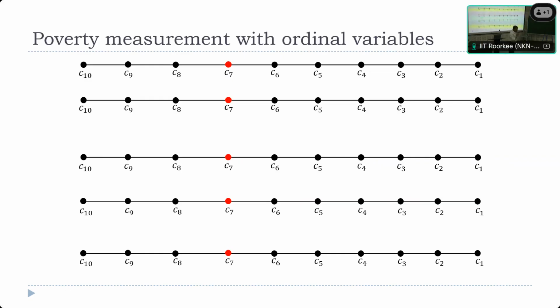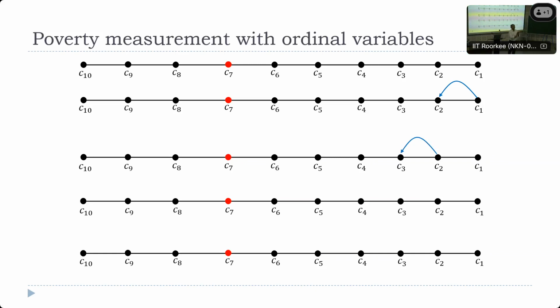Okay? So, what is providing precedence to poorer? Suppose we have one situation where we could move one person, everything else unchanged. We could move one person from the poorest category to the second poorest category, from C1 to C2. And we have an alternative option of moving one person from C2 to C3.